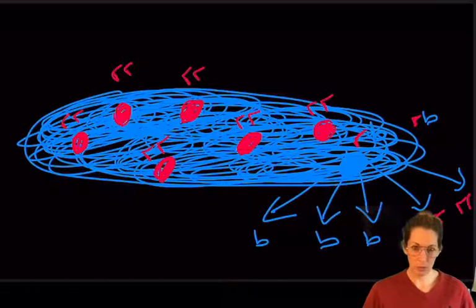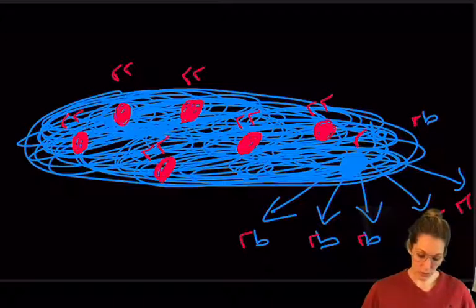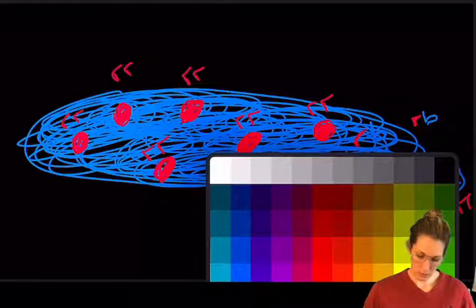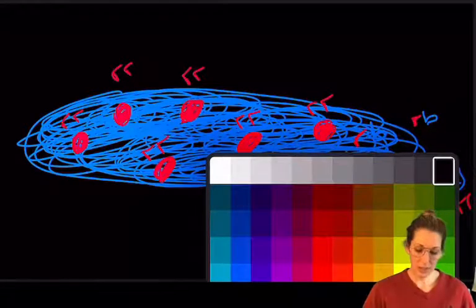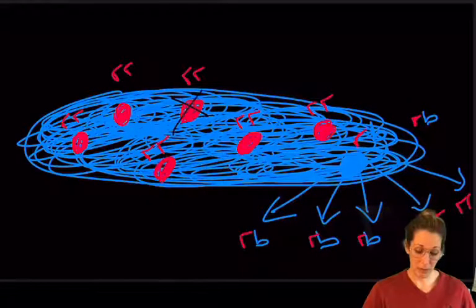So some of them are probably going to be homozygous Rs, but some of them are going to get that B. Whereas many of the red individuals are going to fall to predation.